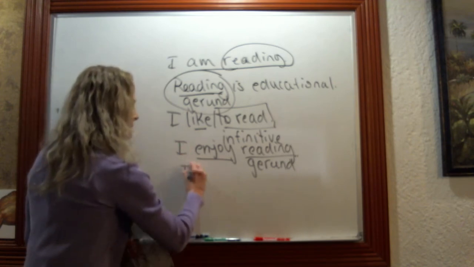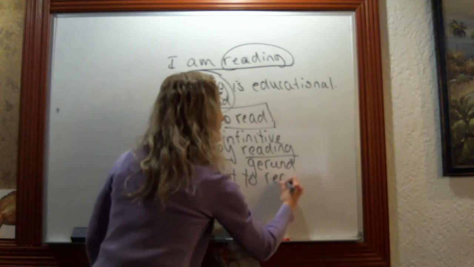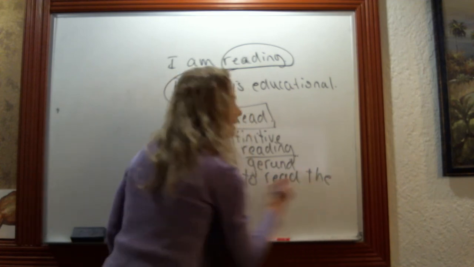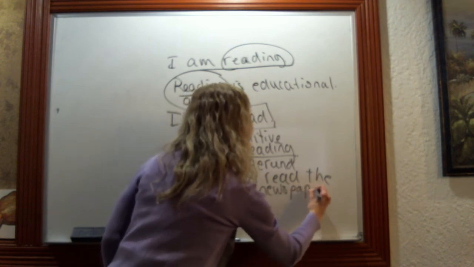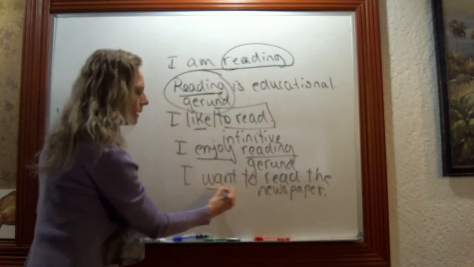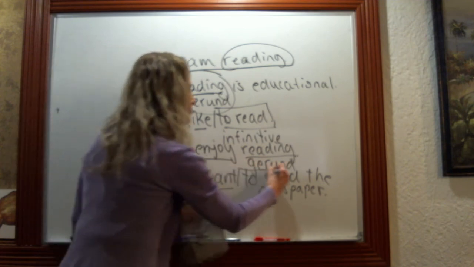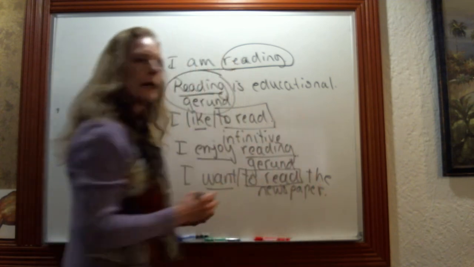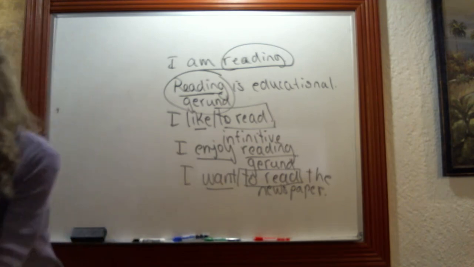But if you said something like, I want to read the newspaper, now you have another verb. It's not enjoy, it's want. So after this one, you'll be putting an infinitive. So that's the first part of the grammar that you're going to be learning.